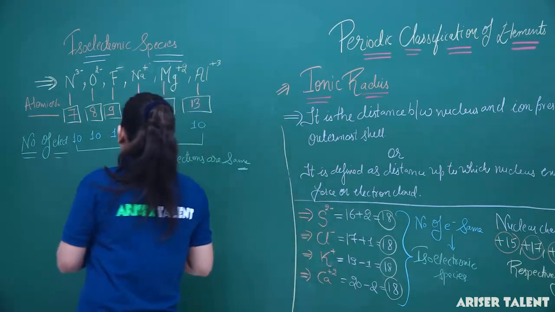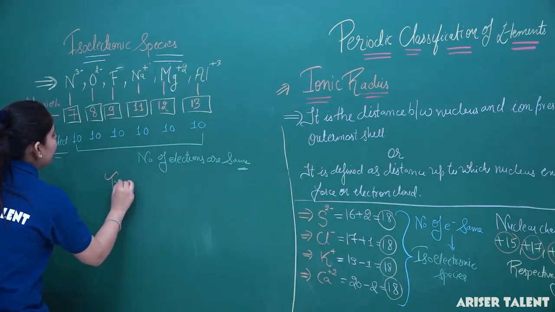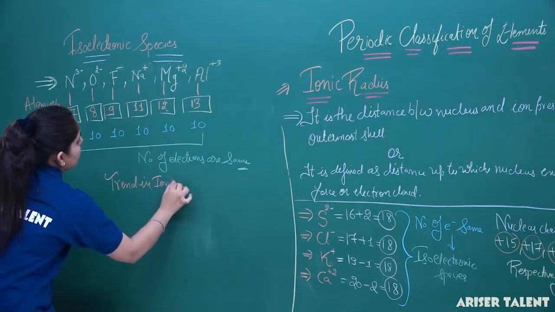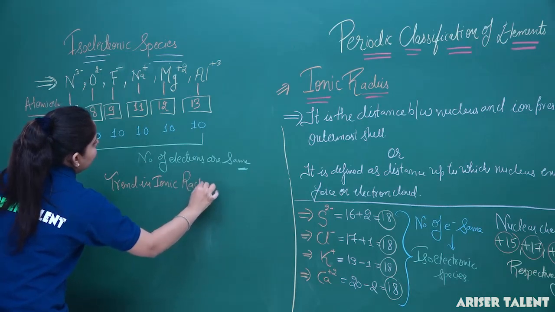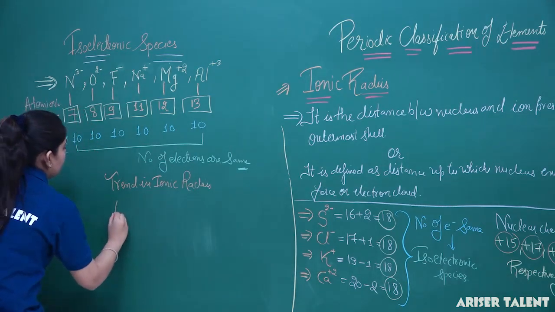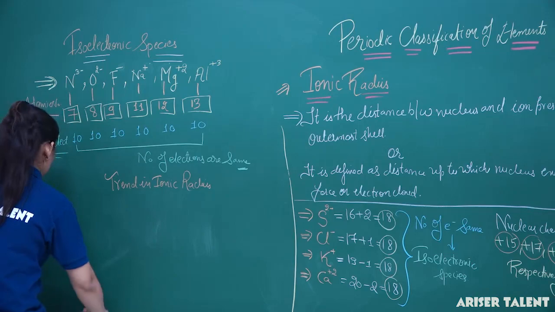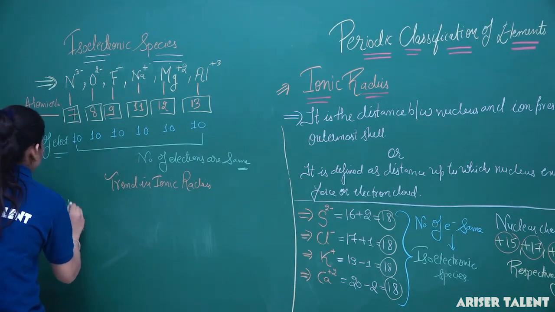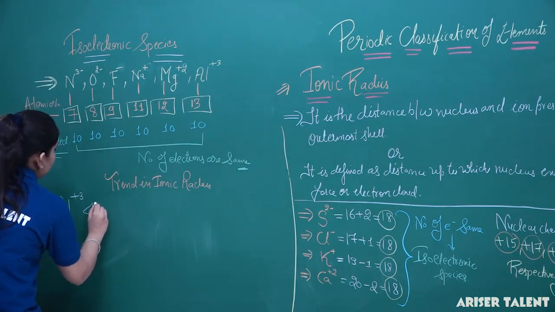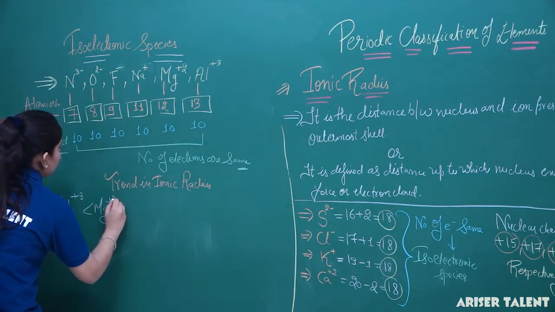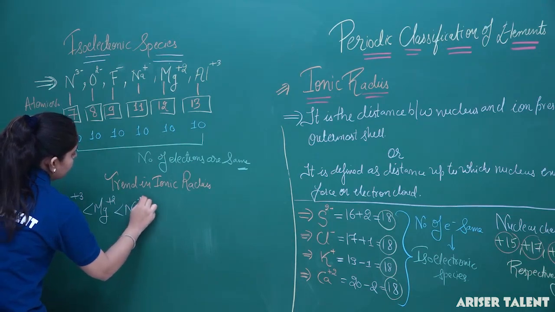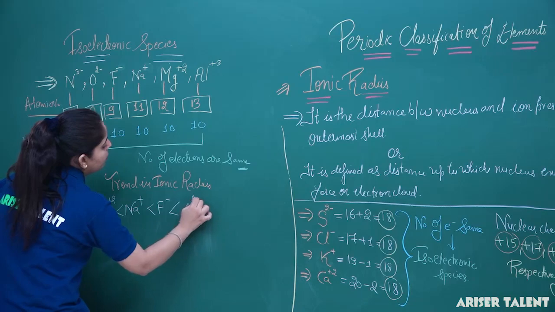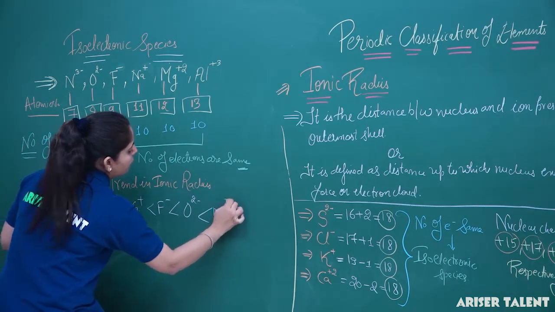So what will be the trend in ionic radius? The trend of ionic radius will be Al plus 3 smallest, then Mg plus 2, then Na plus, then F minus, then O2 minus, then N3 minus.